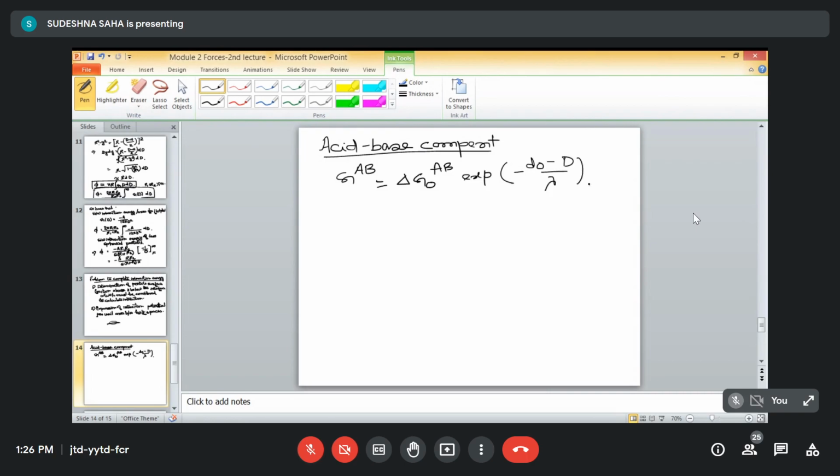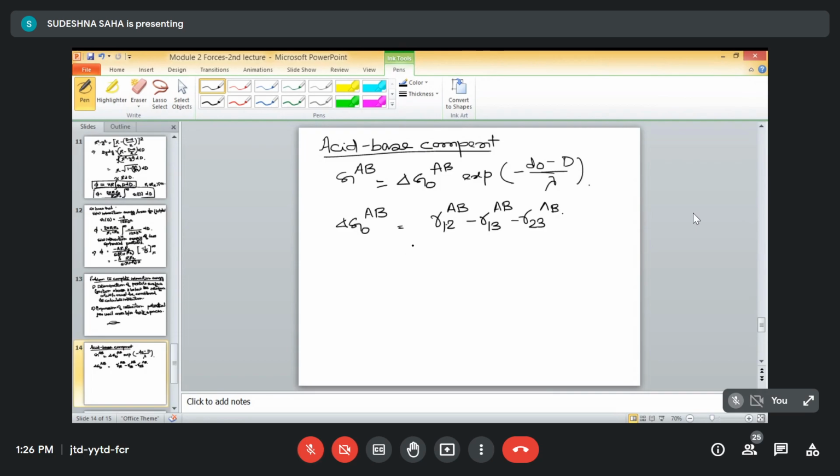Only thing is, lambda is the correlation length for the acid-base interaction, and d naught is the cutoff distance, and delta G naught AB can be written as gamma 12 AB minus gamma 13 AB minus gamma 23 AB.